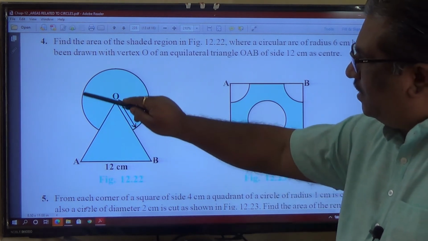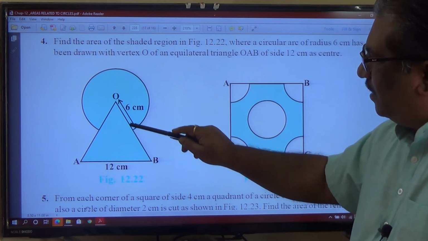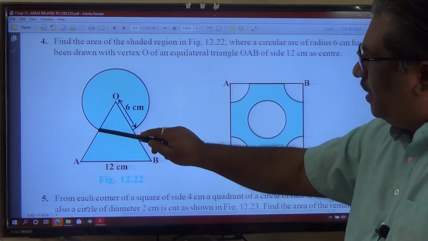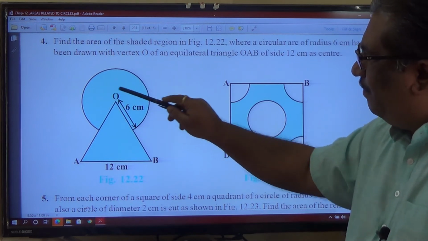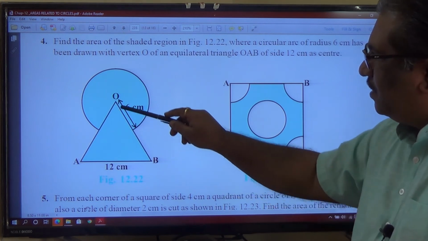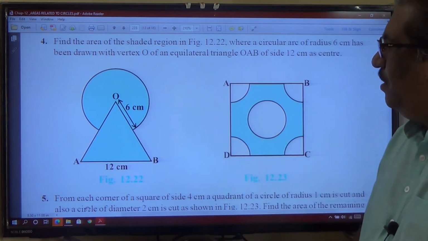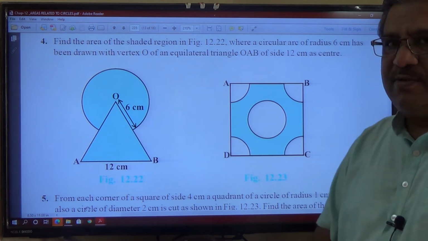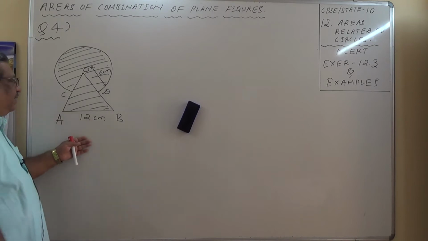So we can do this way. This is a major sector, and this is a minor sector. Area of the major sector, this entire area, plus area of this equilateral triangle OAB gives you the total area of the required shaded region. So let us solve this on the board. Here this is the given diagram.